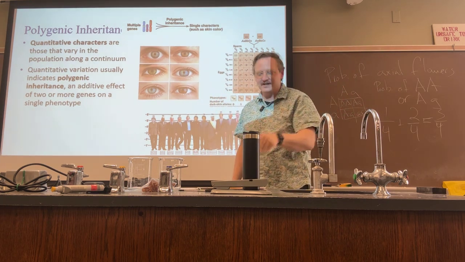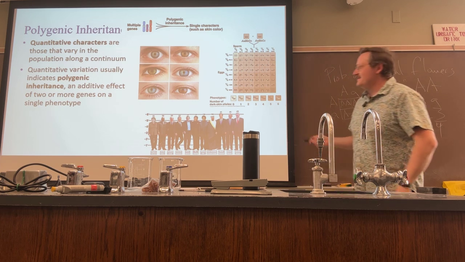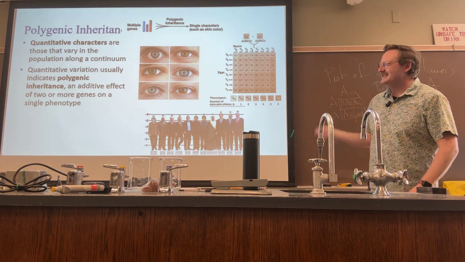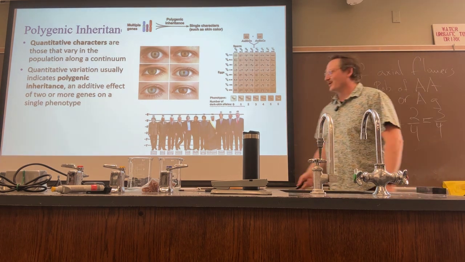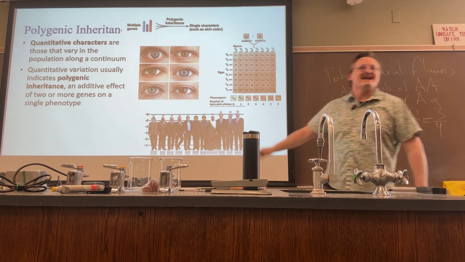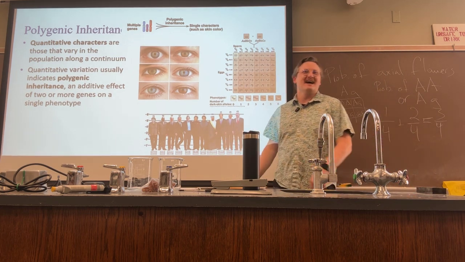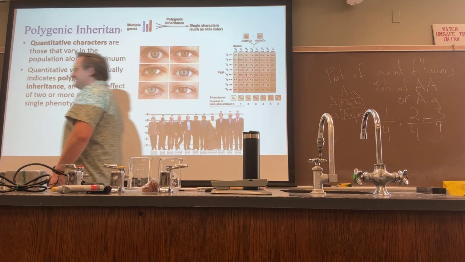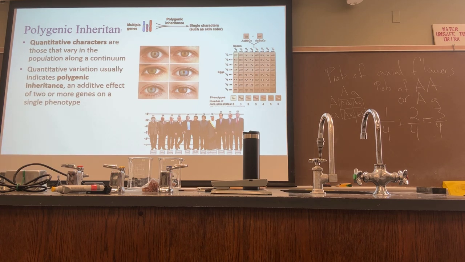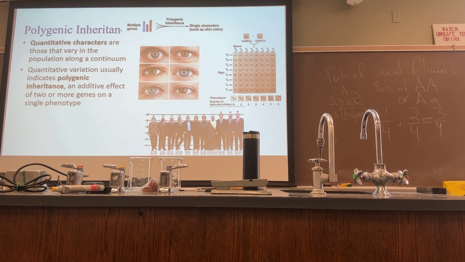Here we've got an image that has not really aged perfectly well of world leaders and how they range in their heights. There's some stuff there, but let's not dwell on that image. Anyway, polygenic inheritance: more than one gene is involved in determining the phenotype. Fair? Of course, it's going to be super complicated.